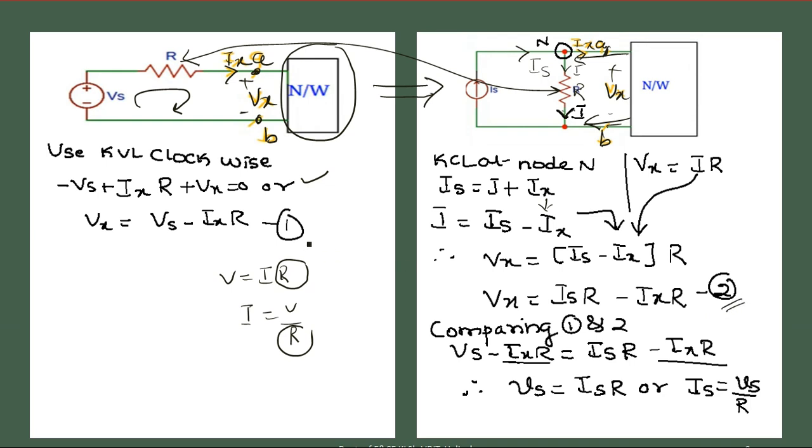Now if you compare equation 1 and equation 2 with each other, we see that this Ix into R and Ix into R will get cancelled out, and still we can prove that the Vs value is nothing but Is into R, right? Or nothing but I is equal to V by R. The same definition holds here also.